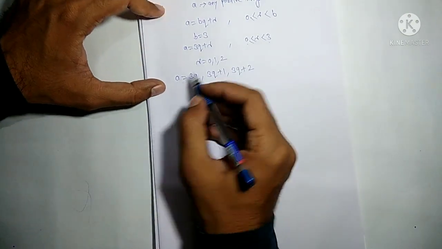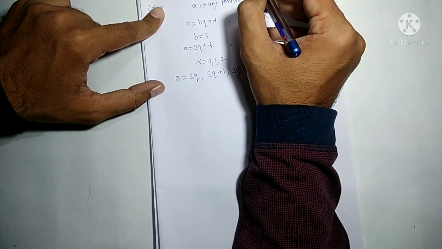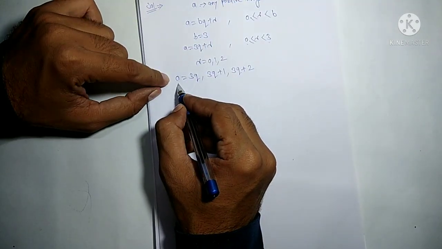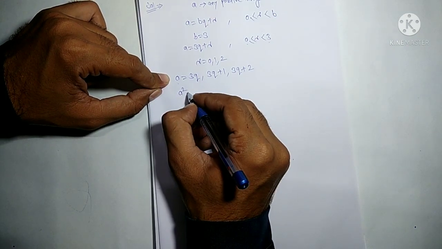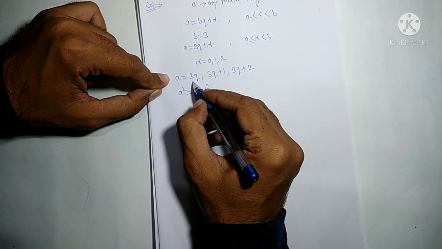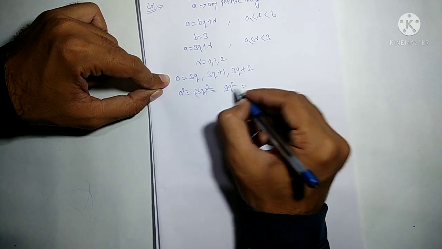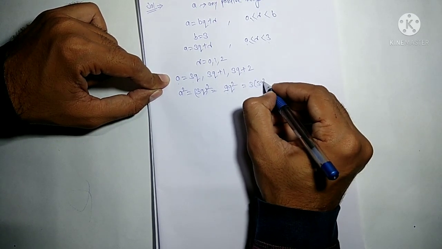Okay, now they want us to show the square of any positive integer. We assume that a is a positive integer, then the square of that positive integer is a square equal to 3q square. For the first one, it is equal to 9q square. It is a multiple of 3, and what is remaining? 3q square.